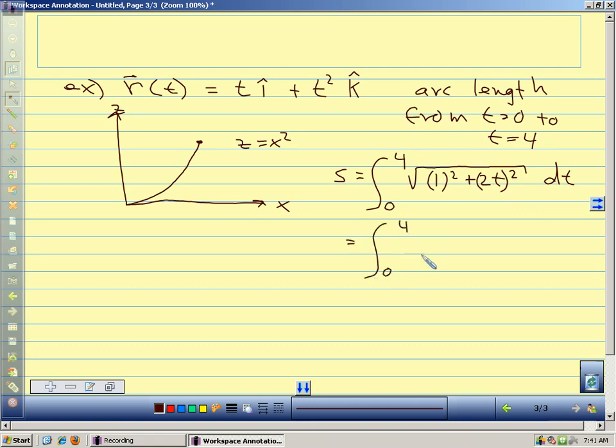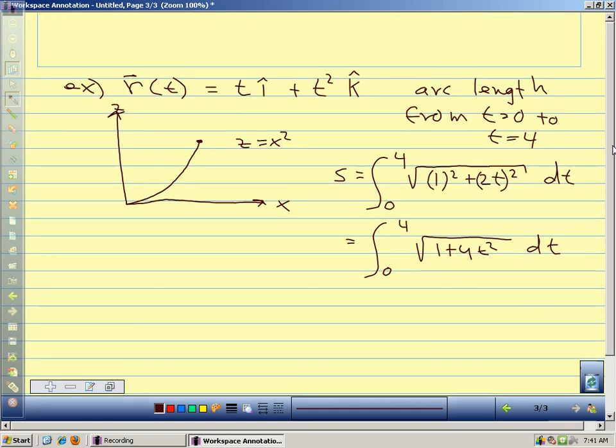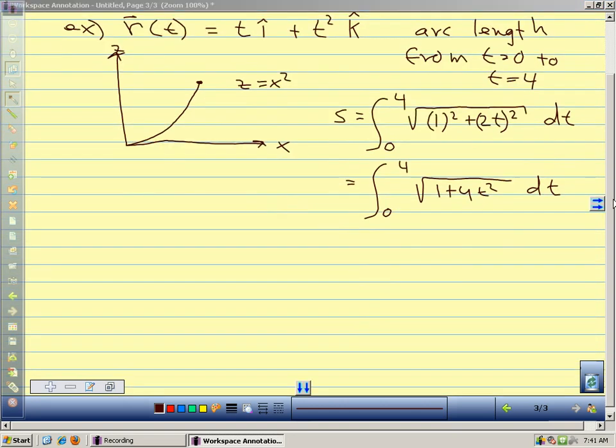I'm just going to simplify that: the integral of the square root of 1 plus 4t squared dt. So, question? This one might be in the back of the book, in your table. If it's not, how are we going to approach evaluating this integral?